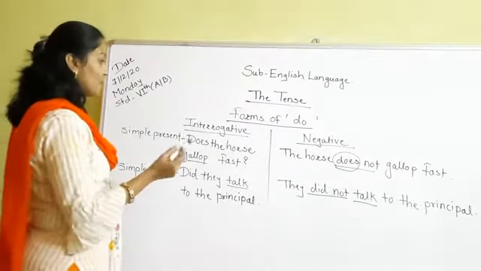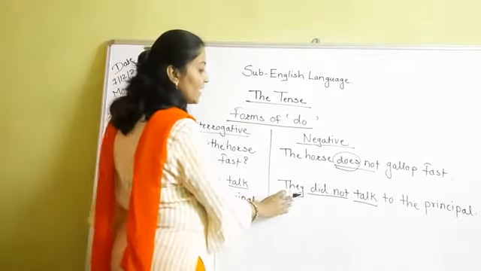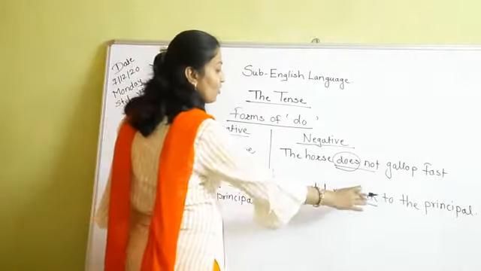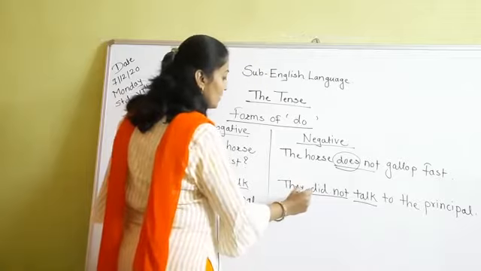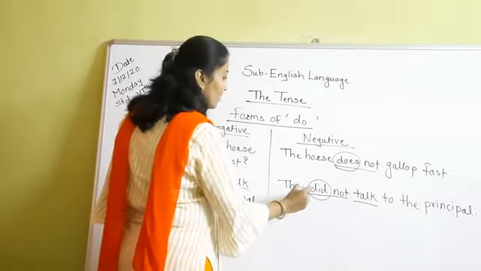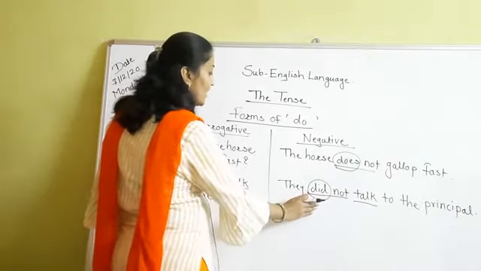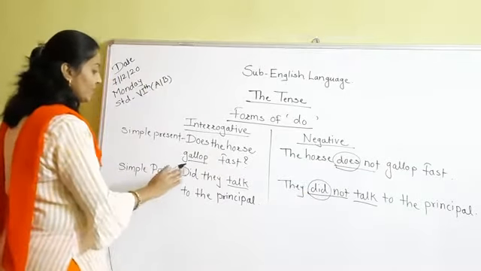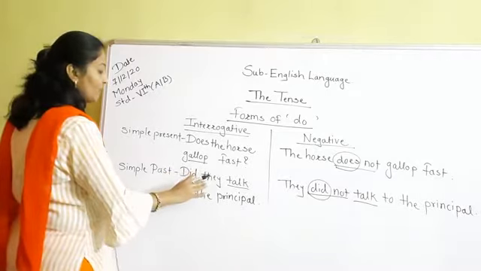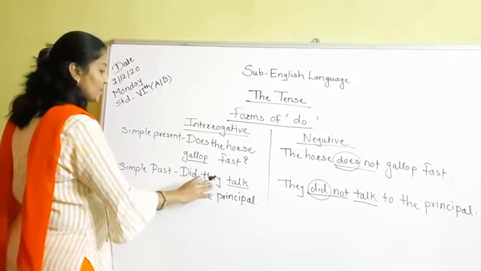Now see the second sentence: they did not talk to the principal. We have used did here as an auxiliary verb. So to form the interrogative sentence we have to use that did at the start. Did, then we have to use the subject.